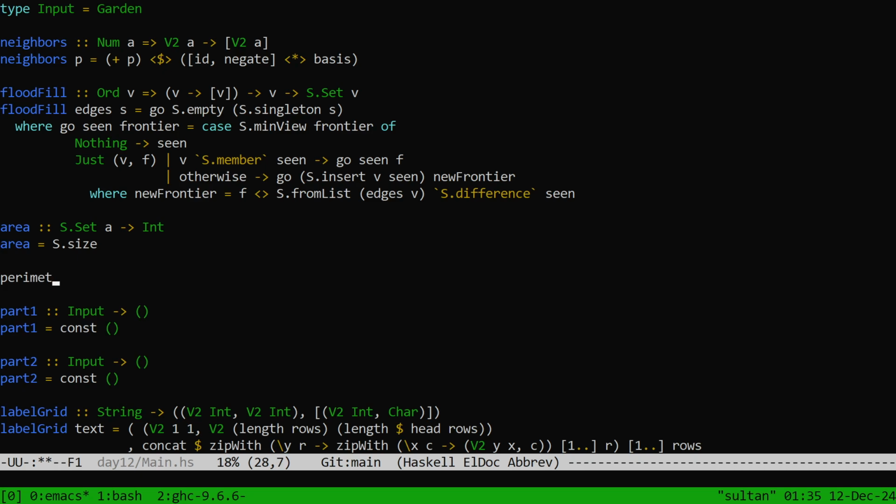Perimeter is more interesting. We talked about it at the beginning, but I've forgotten.